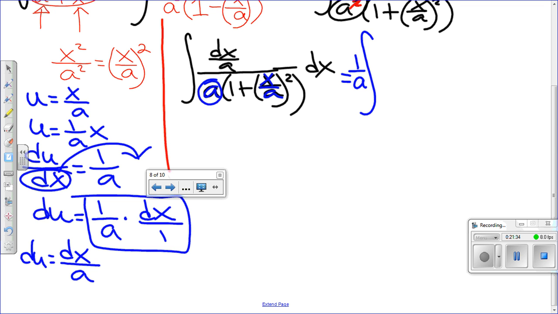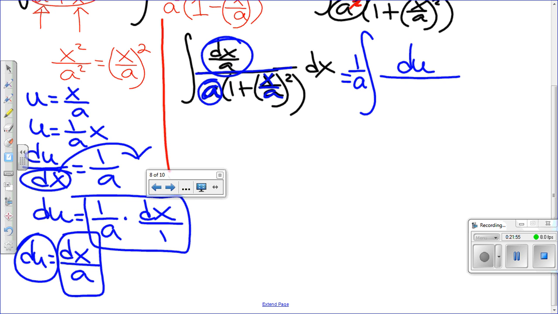And I say 1 over a because the a is part of the denominator of this fraction here. And then on the top, instead of dx over a, we're going to substitute that with du. And then on the bottom, we have this x over a, but remember we decided to call that u.